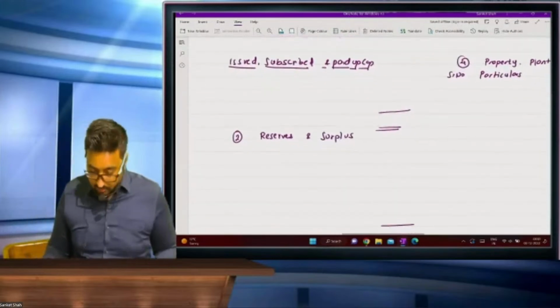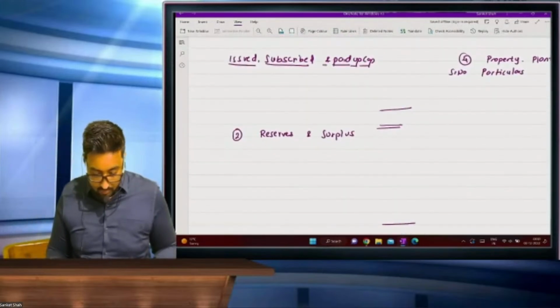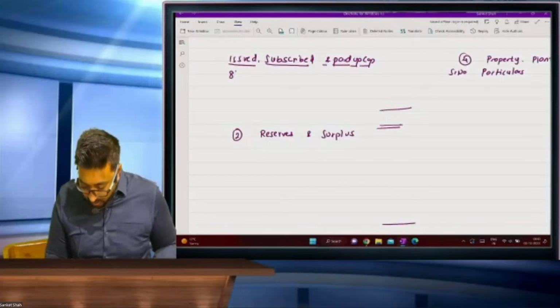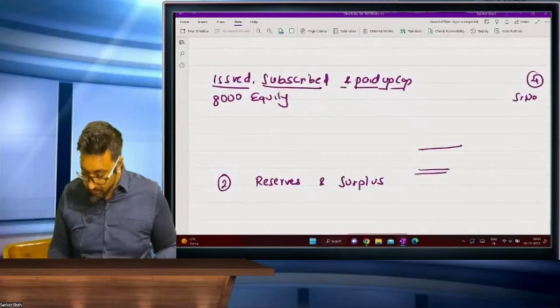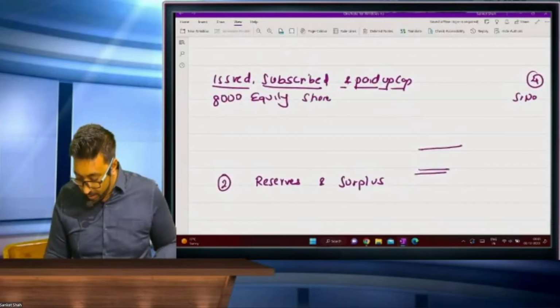So here, now 8,000 equity shares, issued, subscribed, and paid up capital. 8,000 equity shares of rupees 100 each, 8 lakhs.